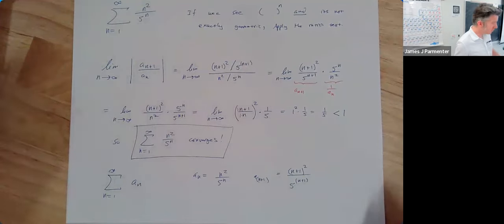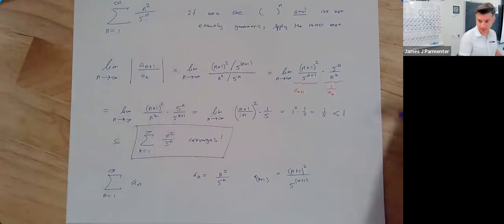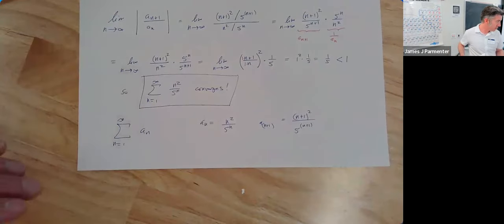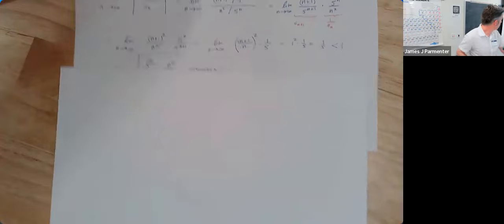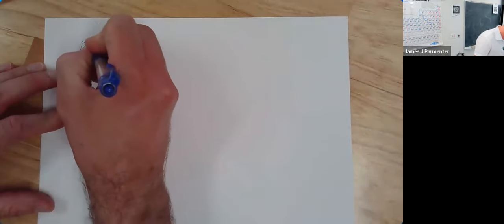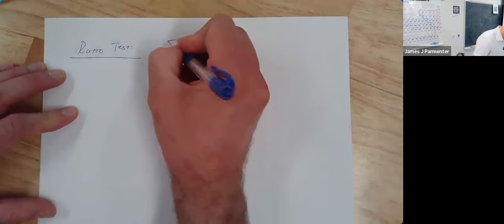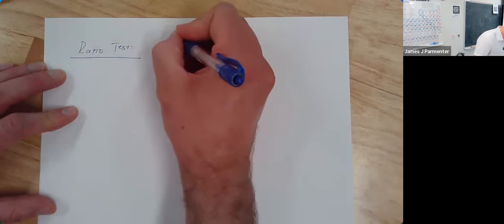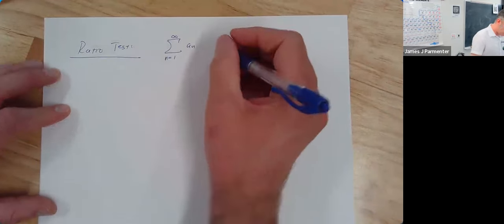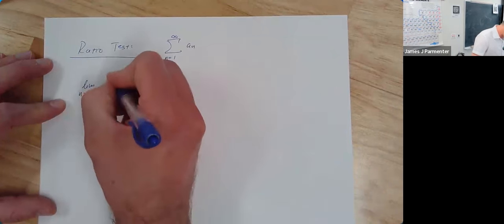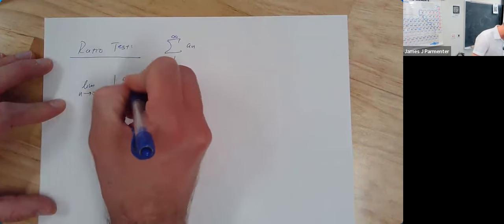So let's write down what the ratio test says, and then we'll do a few more examples. So the ratio test says the following. Good, Hanson? Cool. All right. So the ratio test says, for a series from n equals, it doesn't really matter, to infinity of a sub n, we take the limit as n goes to infinity of the absolute value of a sub n plus 1 over a sub n.